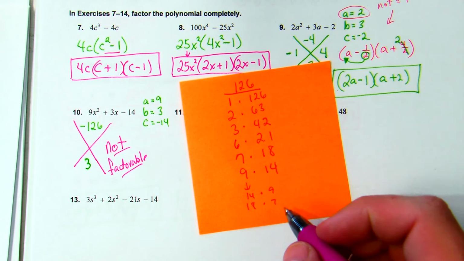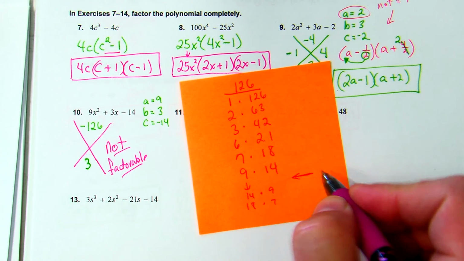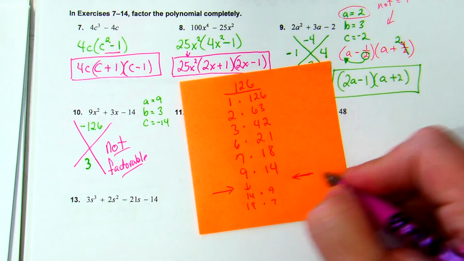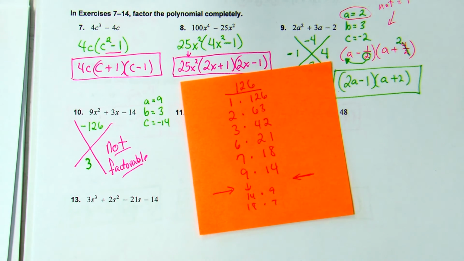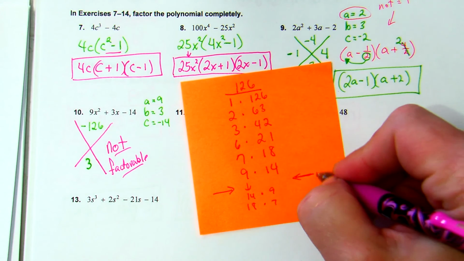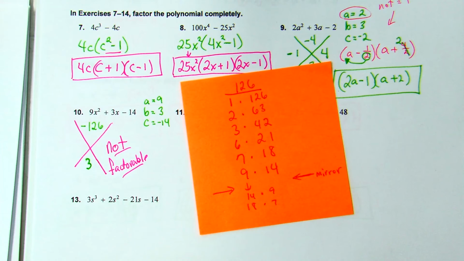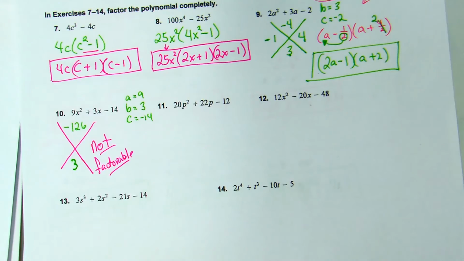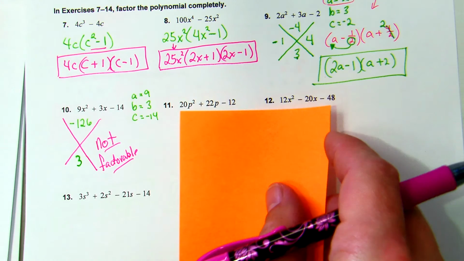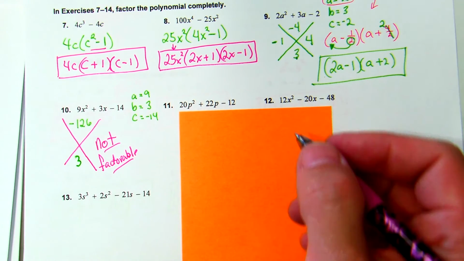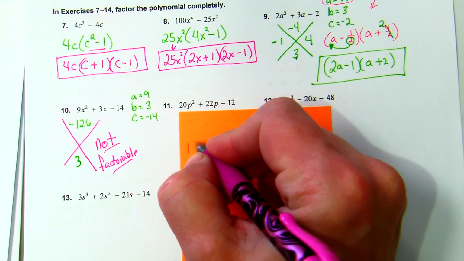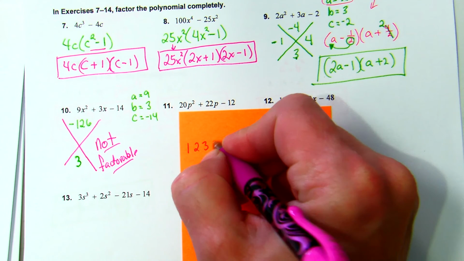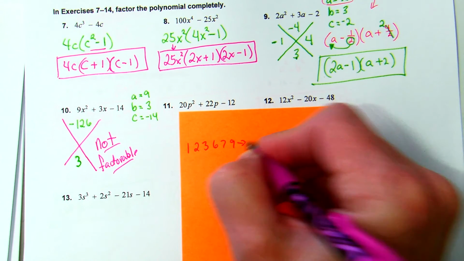All right, so once you find, this is called the middle, we'll say the mirror. When you find the mirror, you don't go any further. Let me show you what I'm talking about here. If I had these factors again, on a number line, I have 1, 2, 3, 6, 7, and 9 going this way.